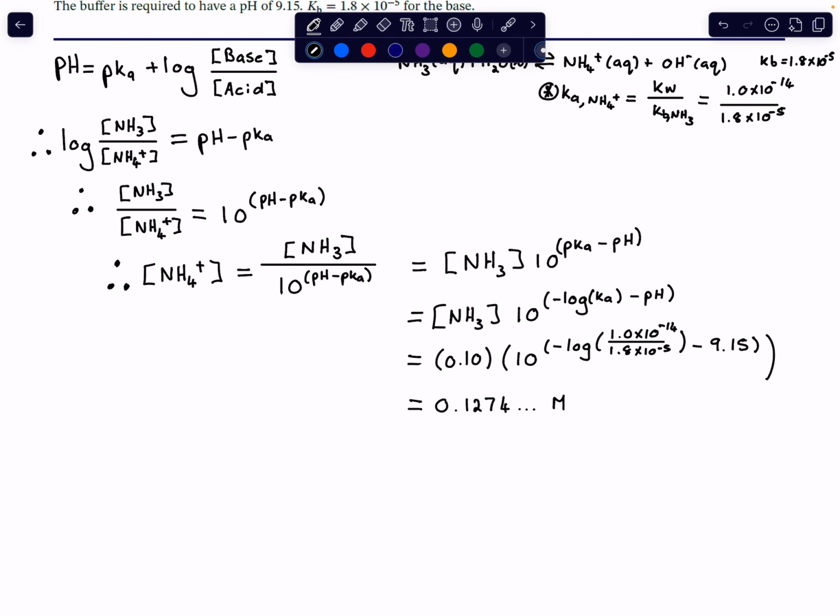Alright, so that gives us a concentration for the ammonium, and this is of course equal to the concentration of NH4Cl. From that we can get the number of mole of ammonium chloride that we require, because that will be equal to the concentration of ammonium chloride multiplied by the volume of our buffer.